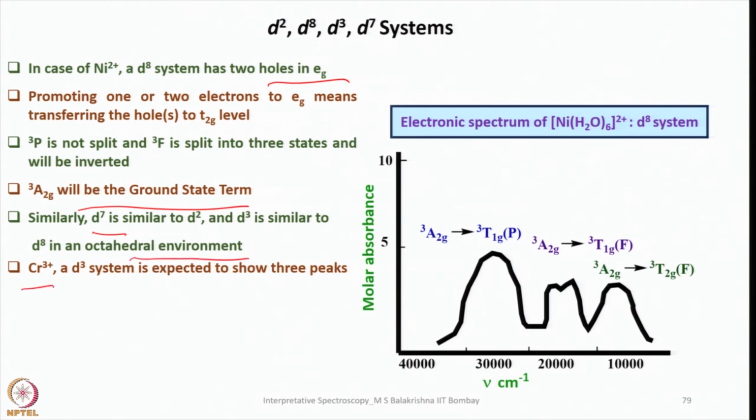If you consider chromium 3+, a d3 system is expected to show 3 peaks. Here what we have shown is the electronic spectrum of hexaaqua nickel 2+, a d8 system. It shows 3 transitions as expected from these explanations. So here A2g is the ground state, A2g to T1g(P), A2g to T1g(F), and then 3A2g to 3T2g(F). So we can see 3 distinct d-d transitions here.